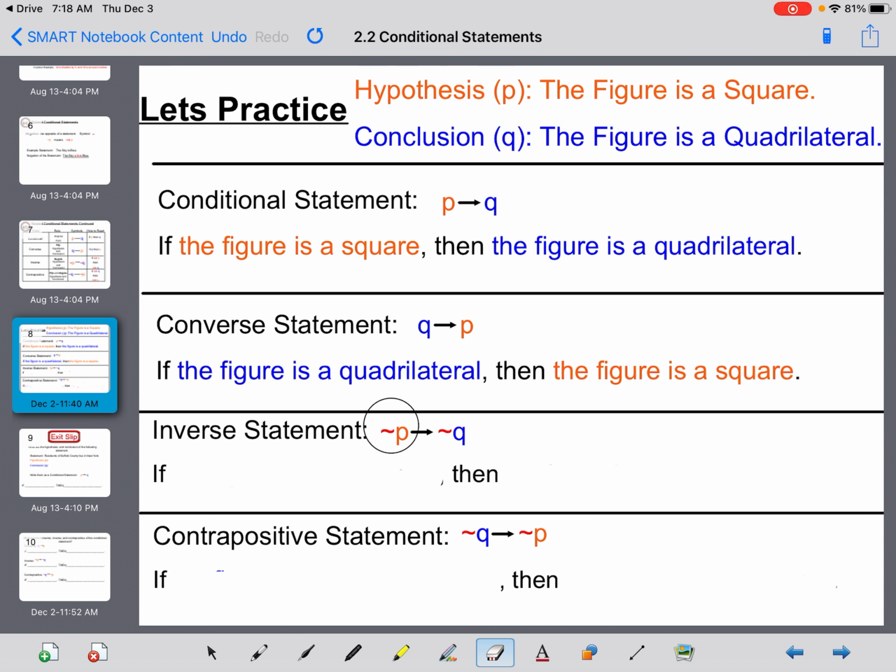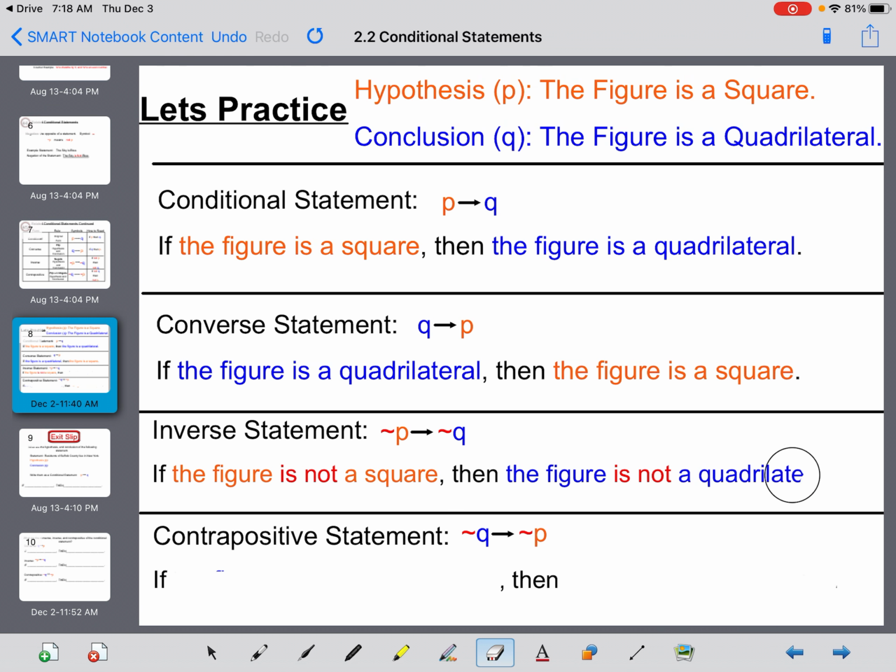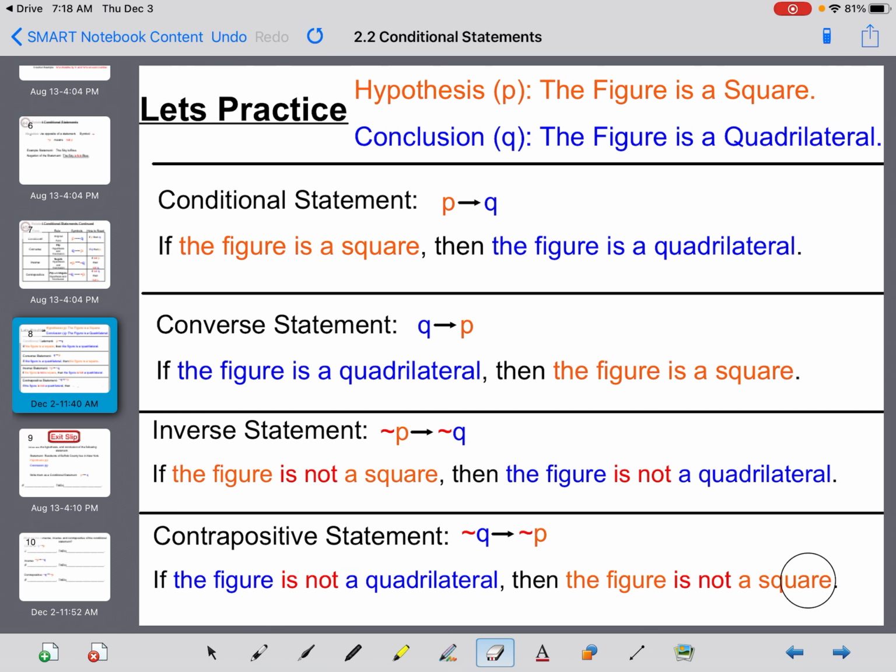The inverse statement would be not P, then not Q: if the figure is not a square, then the figure is not a quadrilateral. Then a contrapositive statement means to flip and negate Q and P. So not Q, then not P: if the figure is not a quadrilateral, then the figure is not a square.